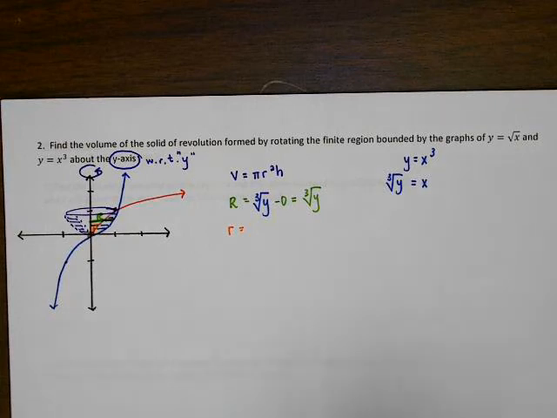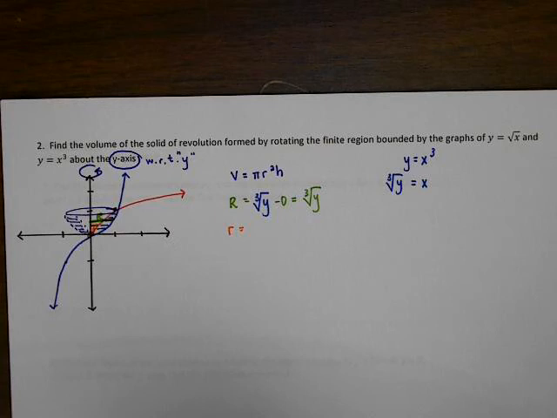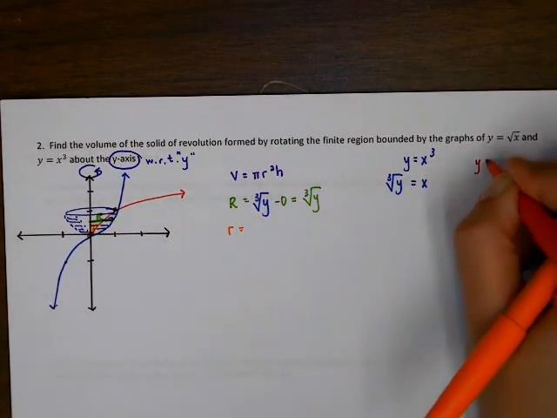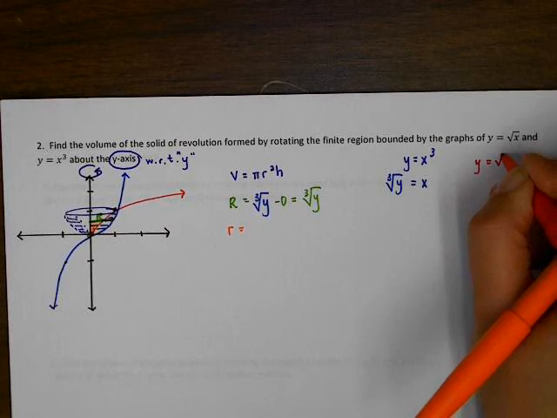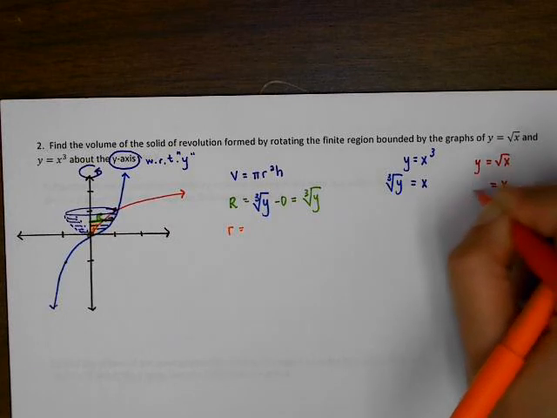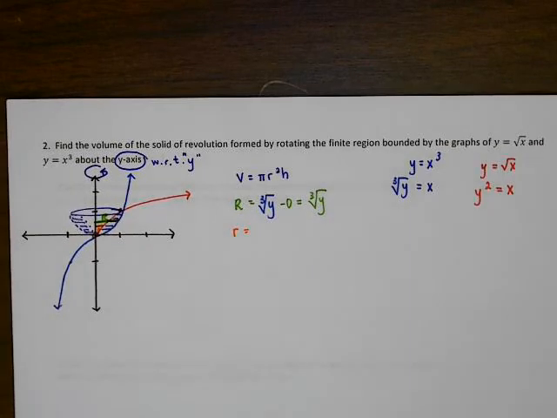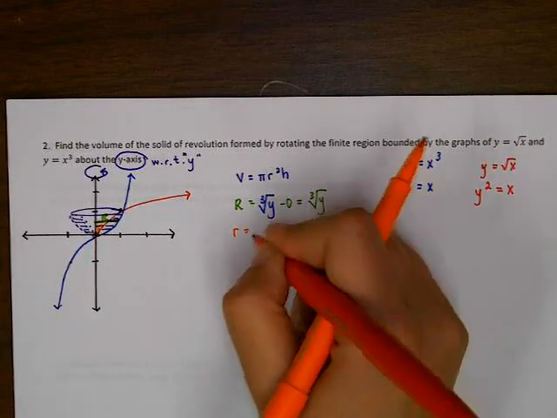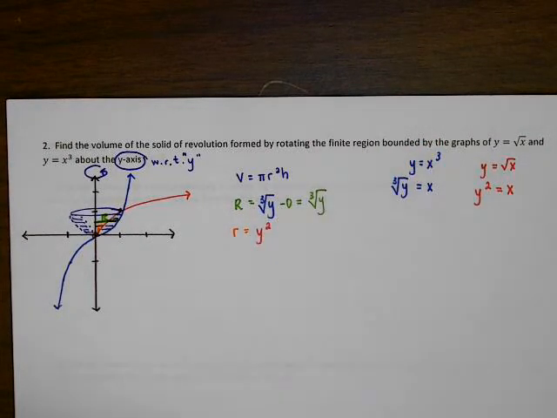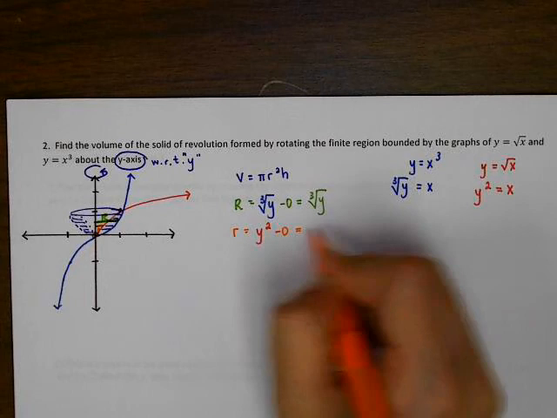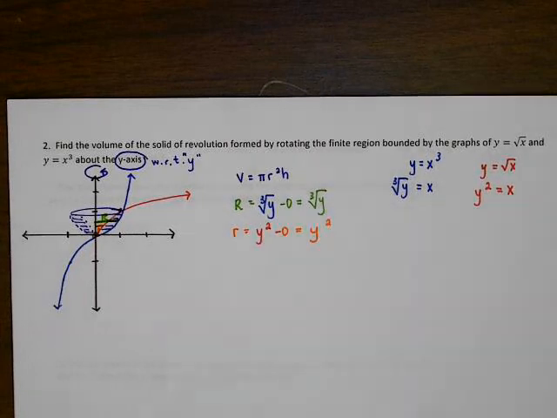So the square root of x function also does not have x by itself. So I'm going to do a little bit of rearranging there. I'm just going to square both sides to get x by itself, and I would have y squared minus 0, which is just y squared.